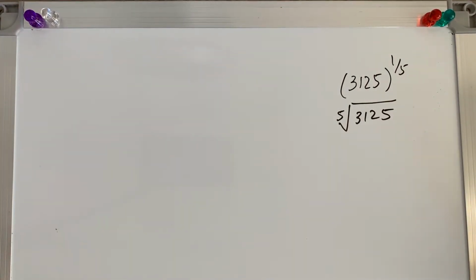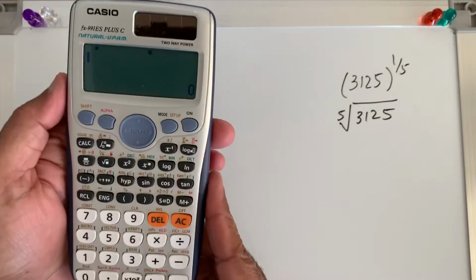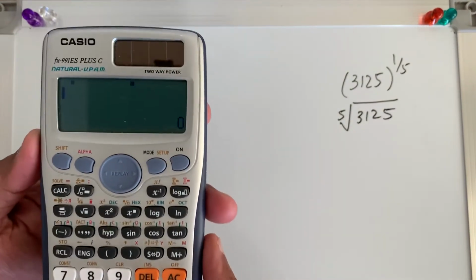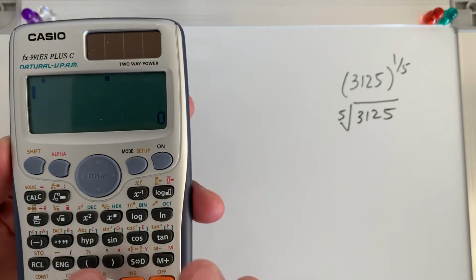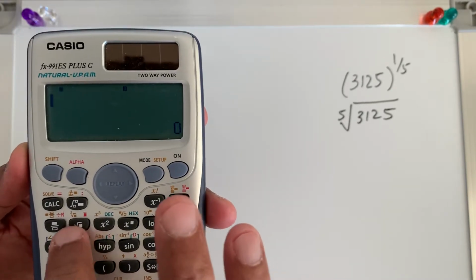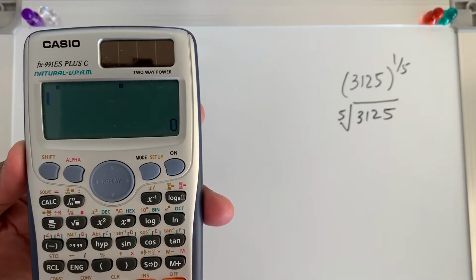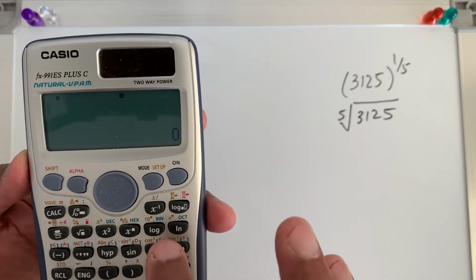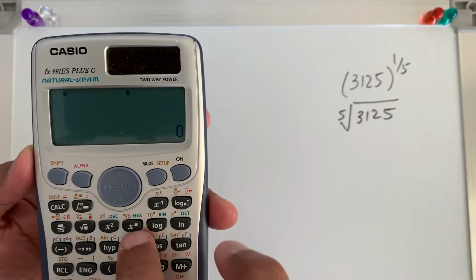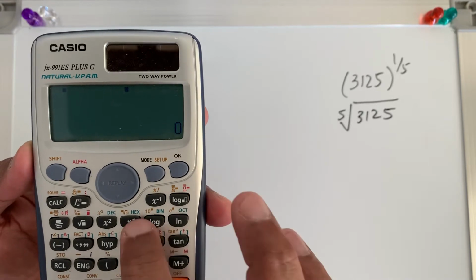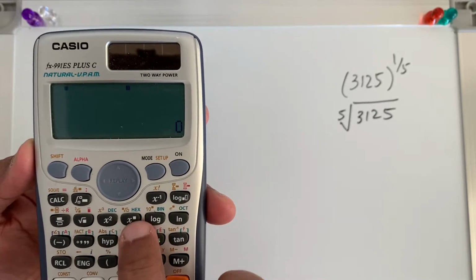Now we learn another button on the calculator from where you can take this fifth root directly. How? You can see here on the calculator, we did this in the previous video, which is the square root and the cube root. Now you can see this button, which is x to the power, if you want to take any power of x.